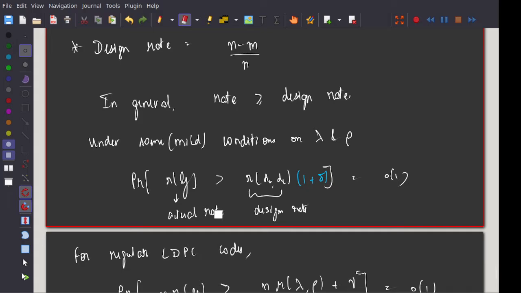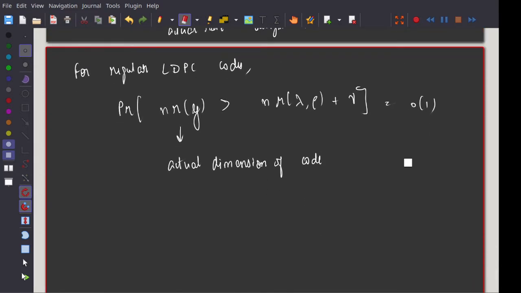The probability that it's greater than 10,100 is very, very small. But in this case, you can make a tighter statement. In fact, nu is equal to 0 if dv and dc, because we are dealing with regular LDPC codes.